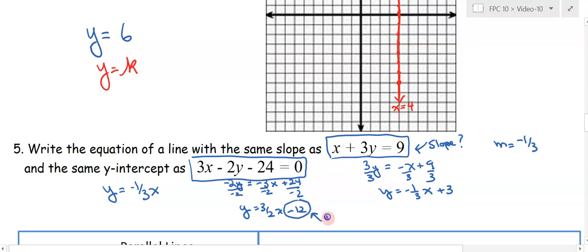Minus 12 is my y-intercept. So if it has the same y-intercept, I now know it's minus 12. And so there's an equation of a line with the same slope as that function and the same y-intercept as that function. I just needed to put it into slope-intercept form to be able to pull out the appropriate information.